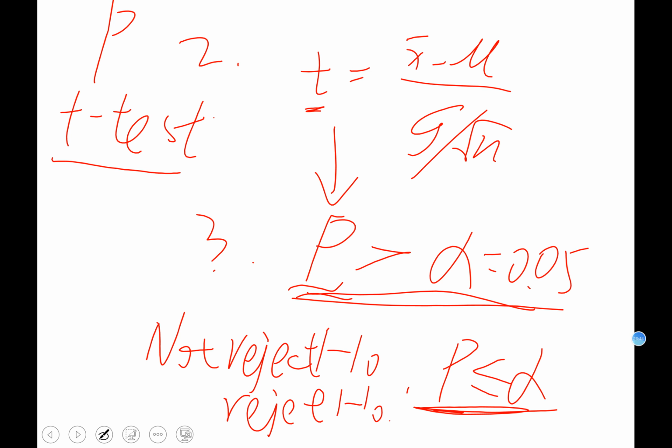So we can say that there is significant difference between the two populations. So that is the procedure of hypothesis testing.